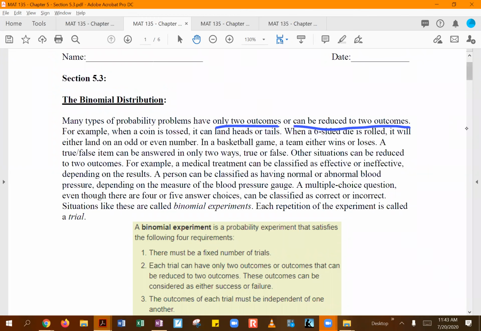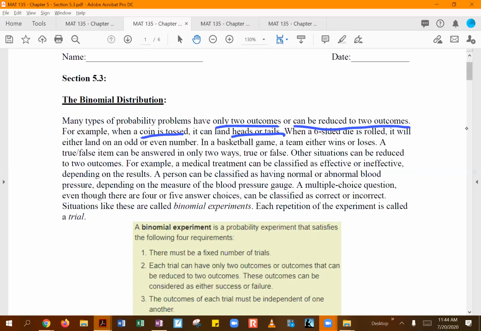As an example, a coin toss only lands on a head or a tail, so that's a classic example of 2 outcomes.